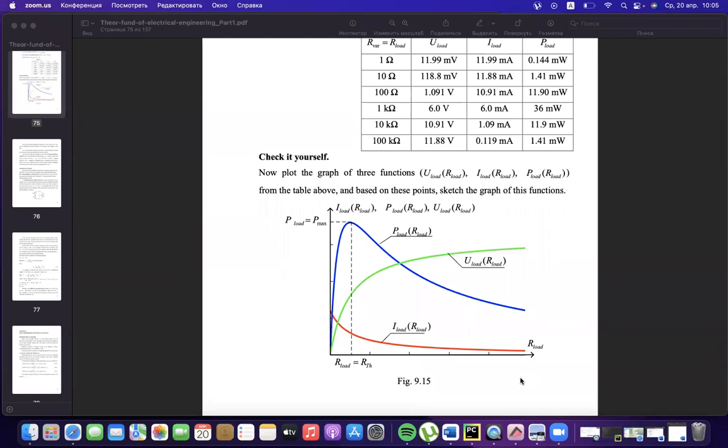And after it, we'll move to repeating alternating circuits, alternating current, repeating sinusoidal sources of energy. It will be our plan for the next time.